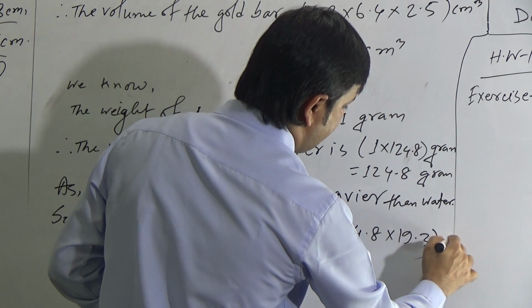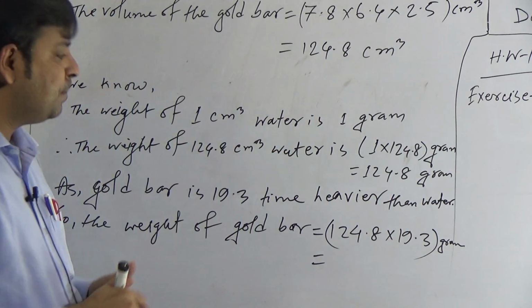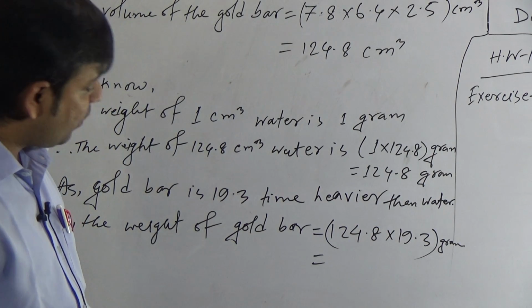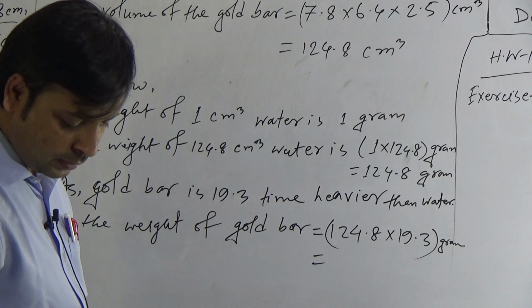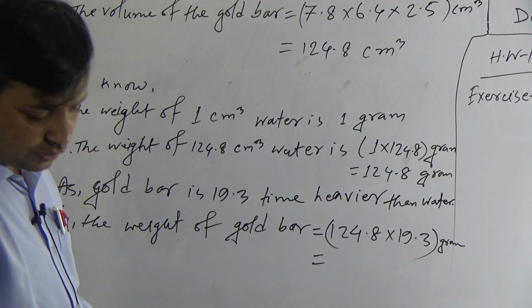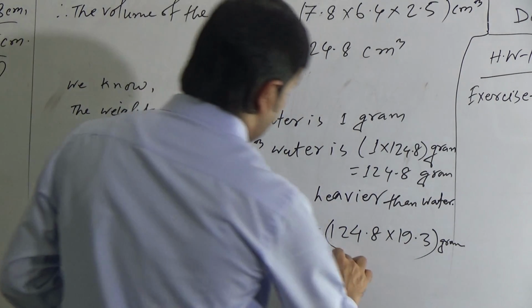This is gram. So if we multiply 124.8 by 19.3, now we will get 2408.64.